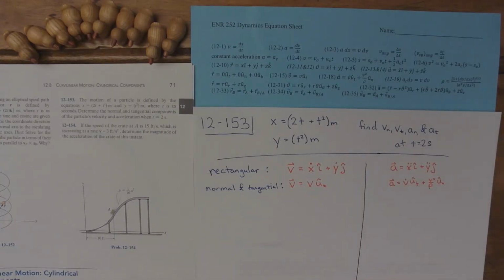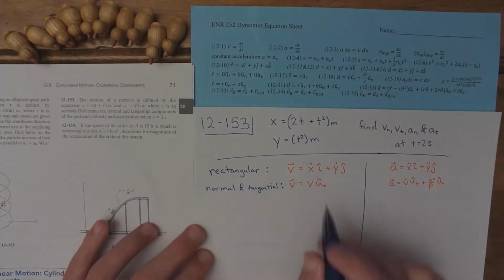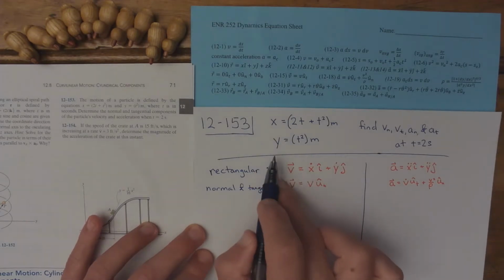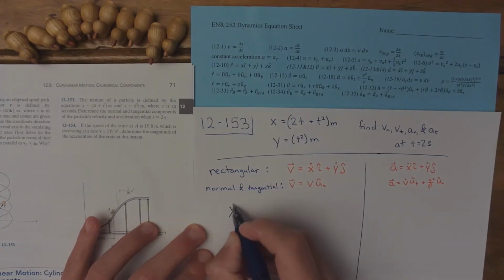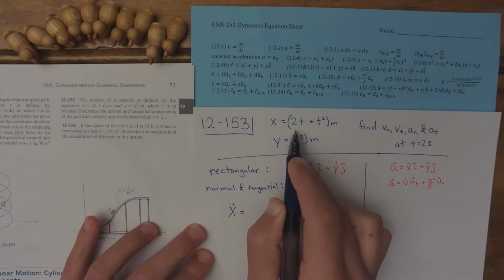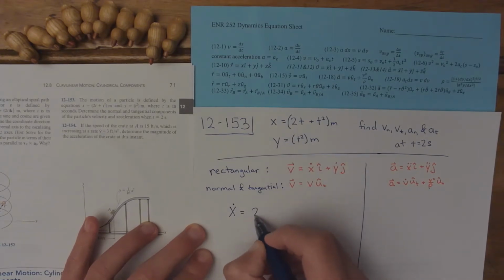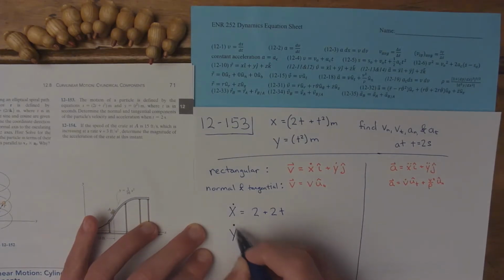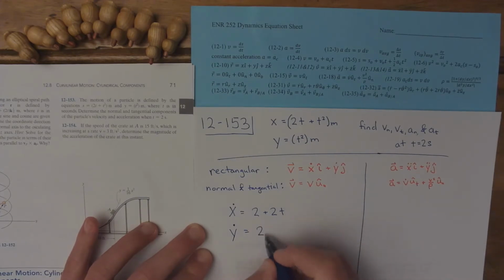So the first thing that I'm going to do is just figure out what the velocity vector is in rectangular components. To do that, I need to take a time derivative of both x and y. So x dot is equal to 2 plus 2t. And for y dot, I have t squared, so taking one derivative would be 2t.